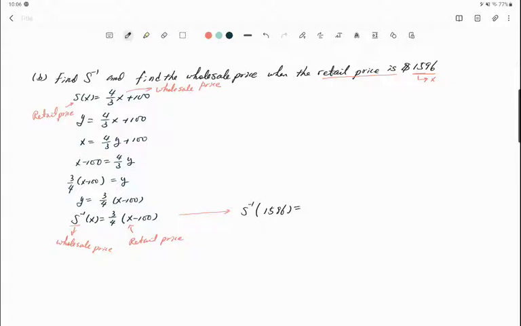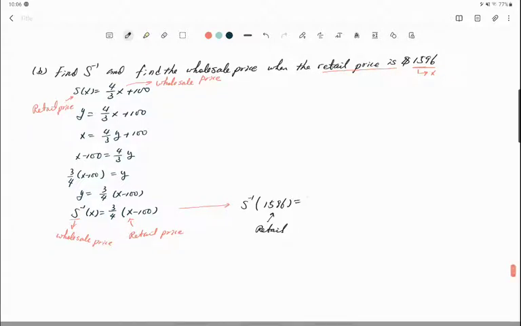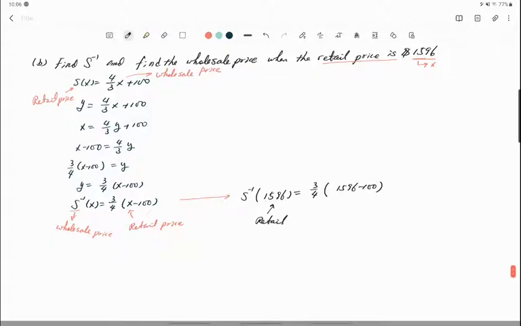So the input is the retail. So that is 3/4 times, what is x? 1596. And then the result will be S inverse, the right hand side. That is the wholesale price.